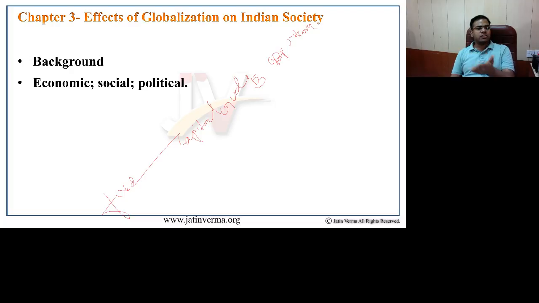So let's move to the important impact when globalization actually occurred. The new era of globalization was allowed to happen in India in the form of the new economic policy. The architect of the new economic policy at that time was Finance Minister Sri Manmohan Singh, who later became the Prime Minister of India.